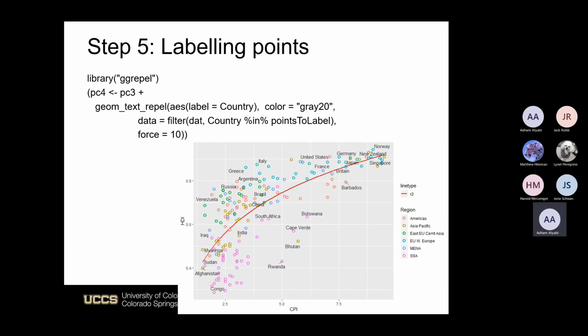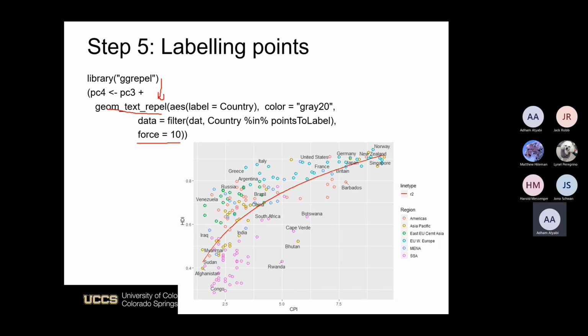So we are using geom_text_repel instead, because we are getting this from the ggrepel library. Everything else is the same. We force a 10-point separation between them, so it will automatically find a better place for it. So it kind of solves our problem to some degree.